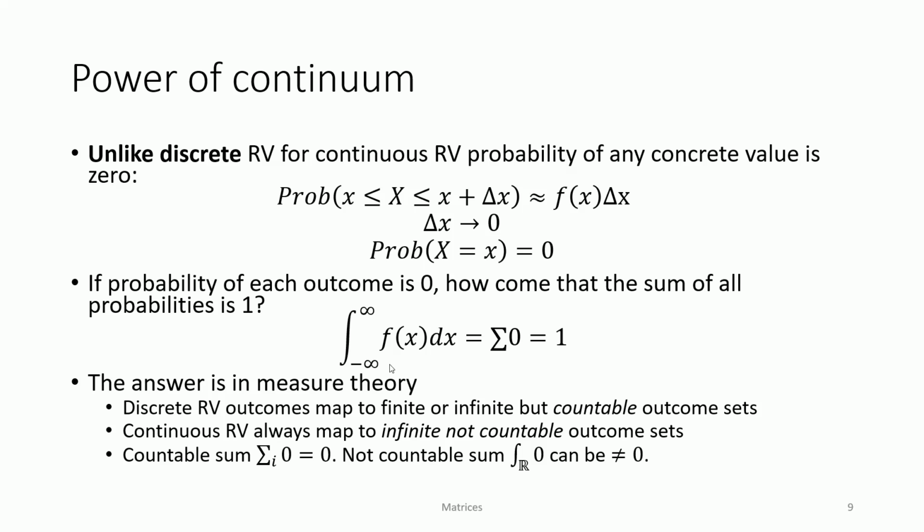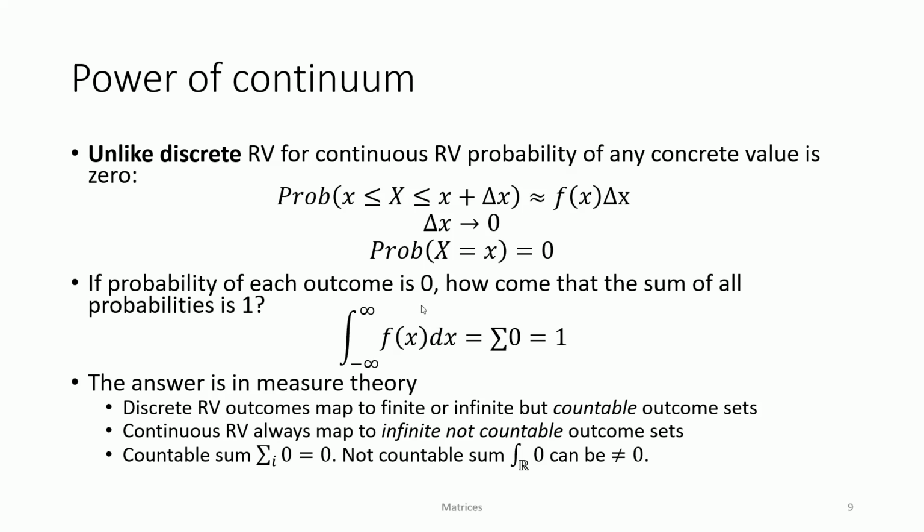Now there's something interesting. If we know the probability is 0, then we have the situation where we're basically summing 0. Let's say we want to calculate all the probabilities and add them up.